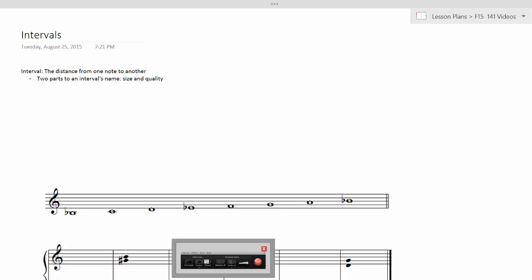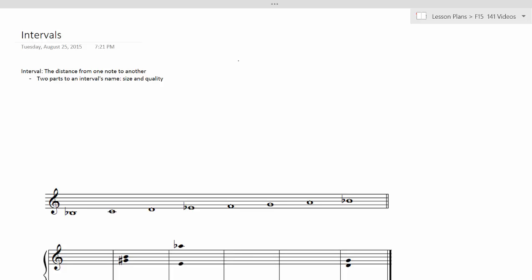Okay, and there are two parts to an interval's name: its size and quality. The relationship between those two parts is kind of like colors. Okay, so there are categories of color like blue or red, and then within those categories there are different shades, right? So for instance, you might think of burgundy as a shade of red, or garnet.